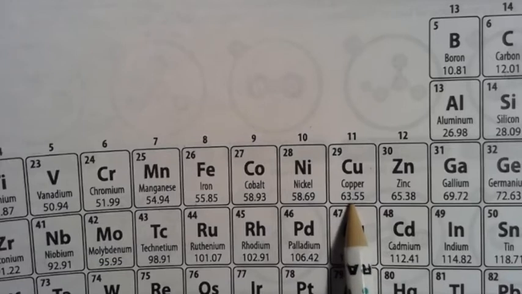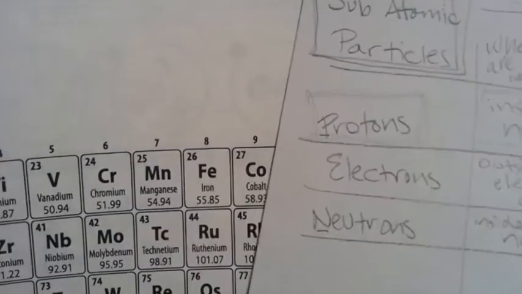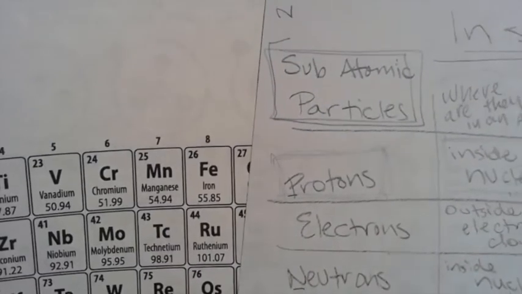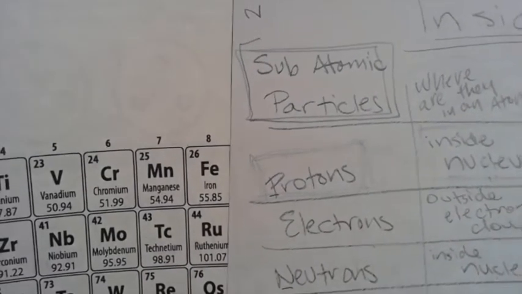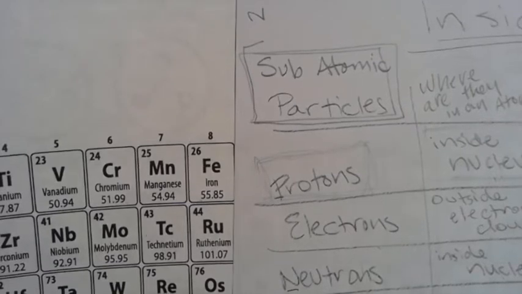we figured out the particles. Yesterday you figured out the subatomic particles in your atom. Every atom has these things as the subatomic particles. And today we want to draw our atoms.